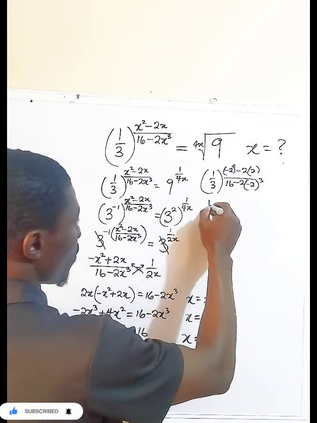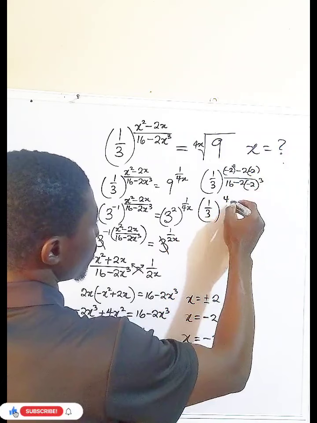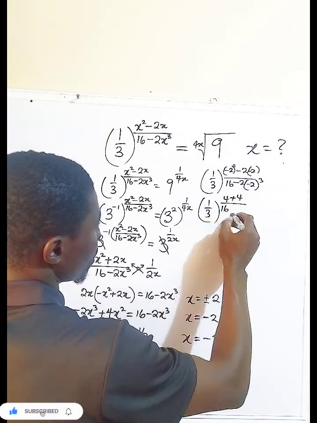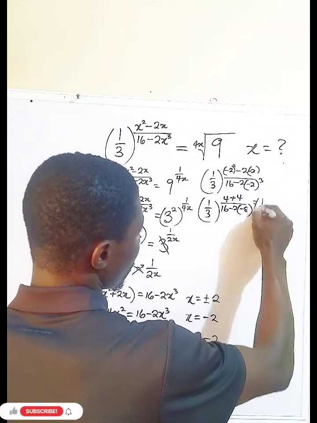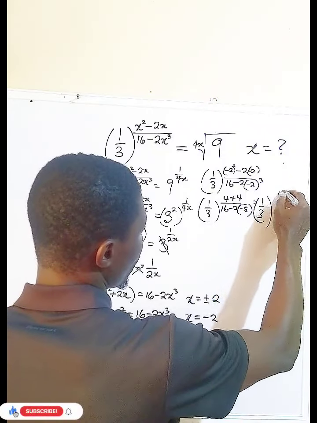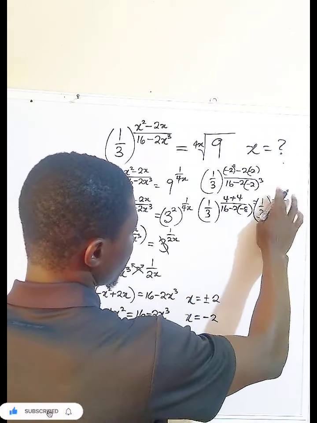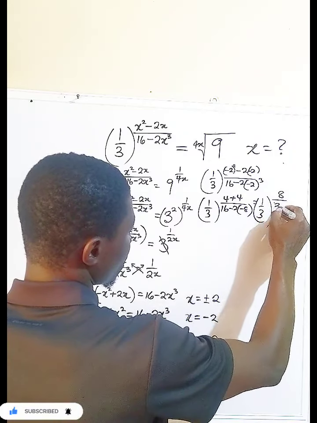So here we have 1 all over 3, then here we have 4. This is minus, then plus 4, then all over 16. Now this should be minus 8, right? Minus 2 into what? Minus 8, which will give us 1 all over 3 all raised to the power of 4 all over, now this will be 16 plus 16, this is 8, then 16 plus 16 gives us what? 32.